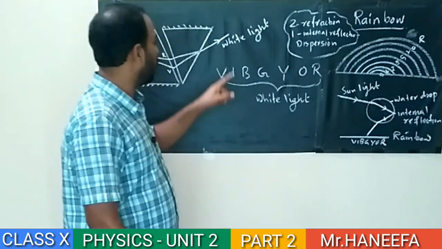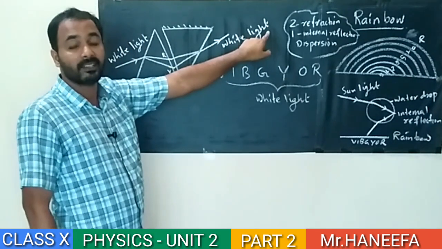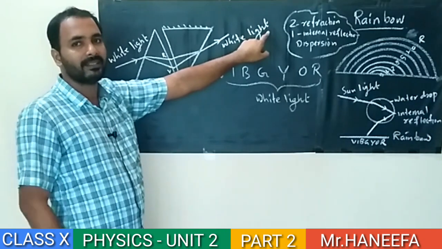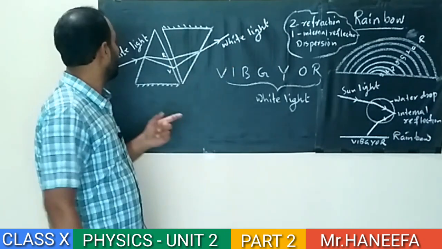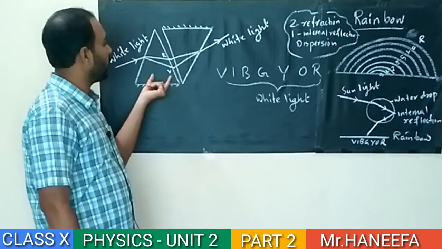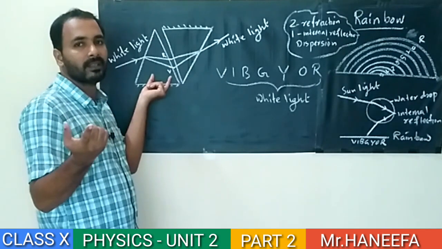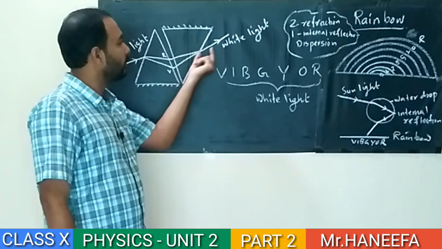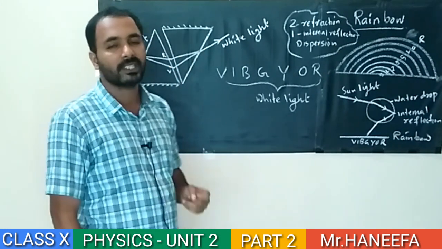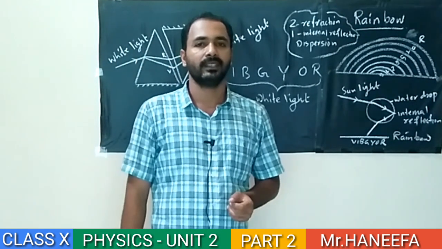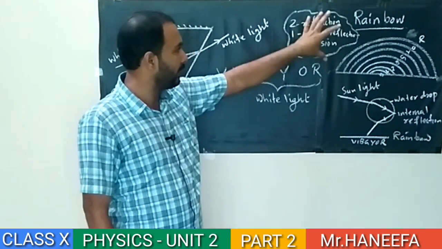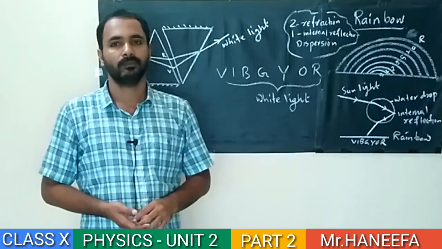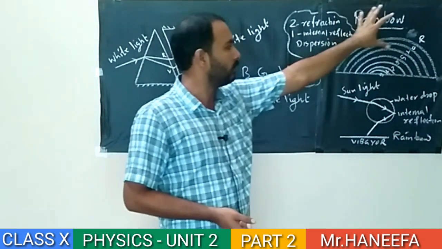Thus he formed white light on the screen. So white light passes through a prism and splits into 7 colors. When these 7 colors are passed through another prism, white light is formed. Clear? Next, the application of dispersion is the rainbow. We explained the rainbow in detail.